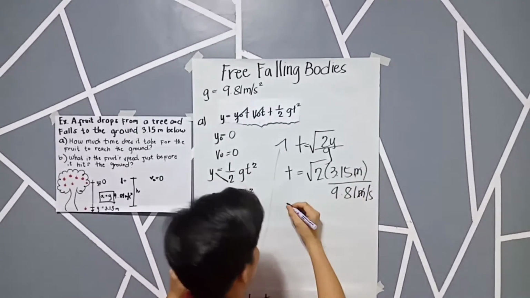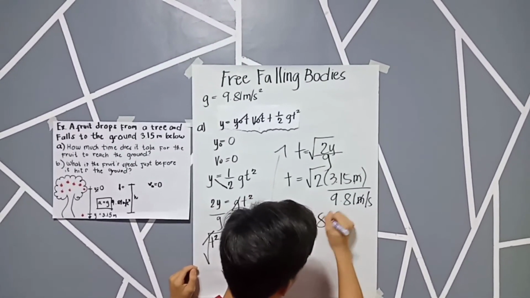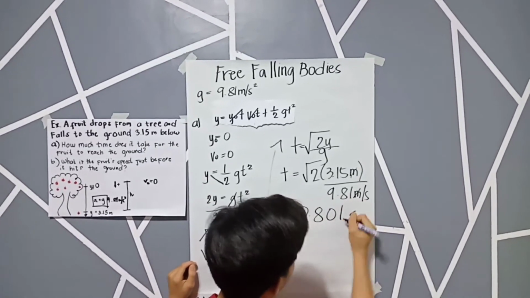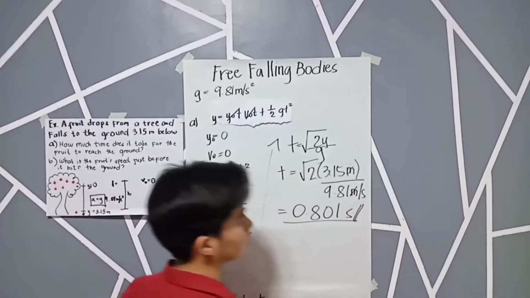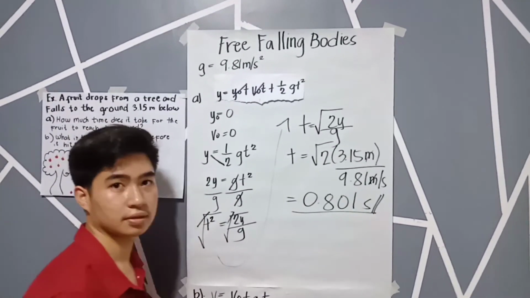So now we have 0.801 seconds. This is the time that the fruit needed to reach the ground.